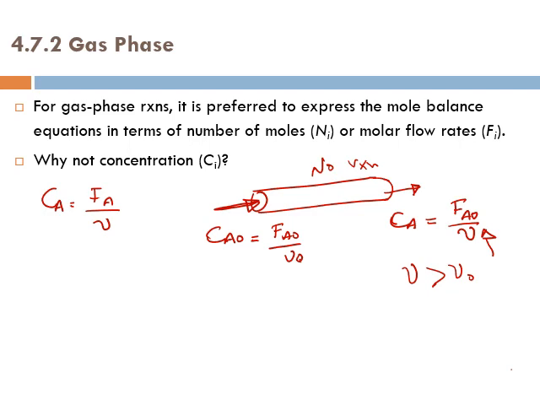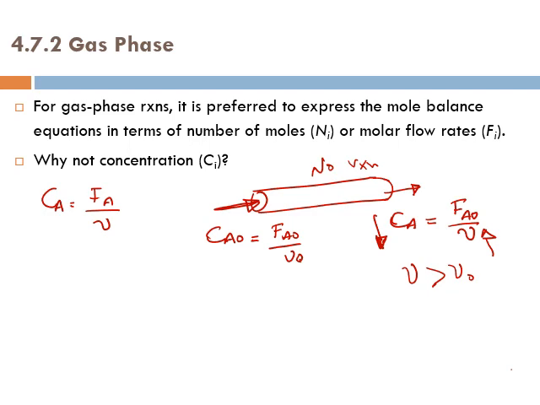And what happens to the concentration? The concentration will drop. But did it drop because there was a reaction, because A was consumed? No. It dropped because the volumetric flow rate changed, because in the gas phase the volumetric flow rate is very sensitive to temperature and pressure, and of course the total number of moles.